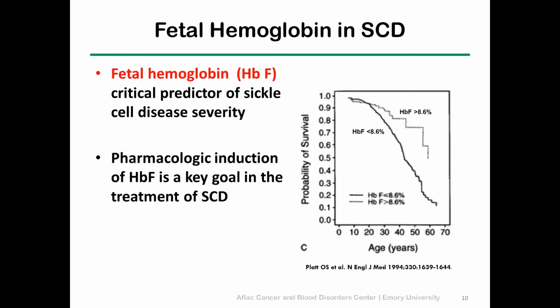This observation, which had been known for many years, led to a lot of research to try to figure out if there would be some kind of treatment or medication or a pharmaceutical agent that would increase the fetal hemoglobin in individuals with sickle cell disease, because it was expected that if we could find a medicine that would increase the fetal hemoglobin levels, it would help minimize the complications of the disease and improve well-being.